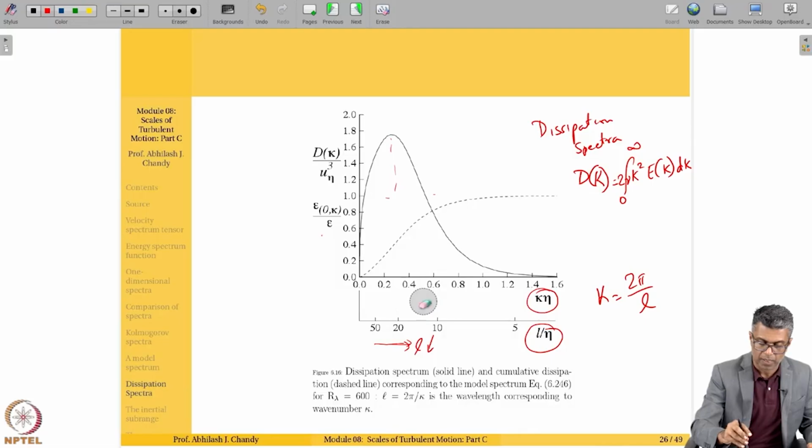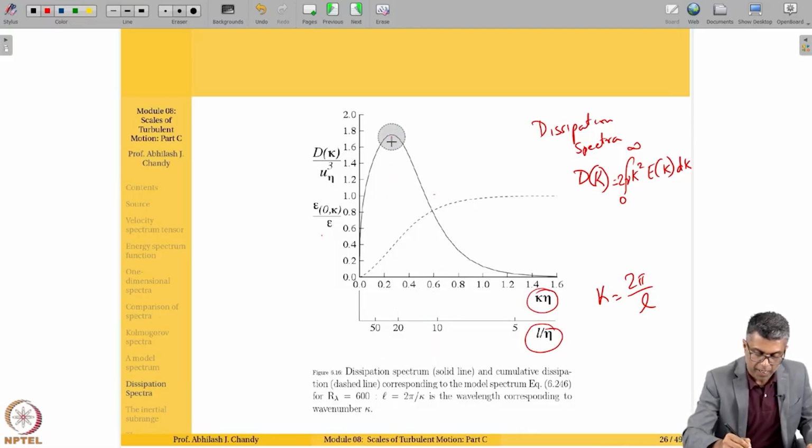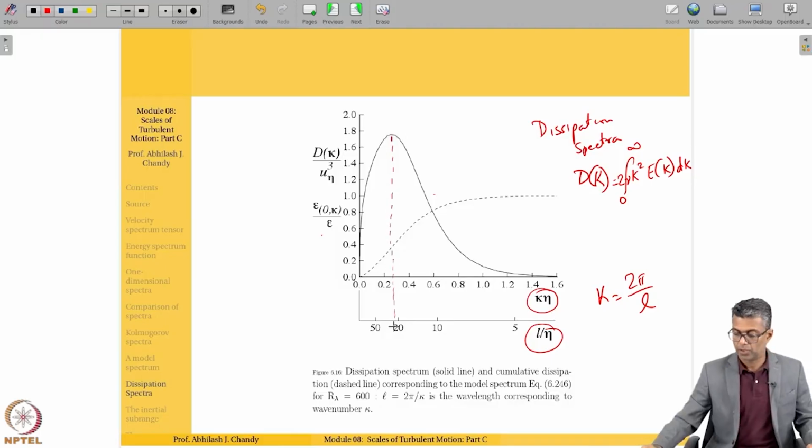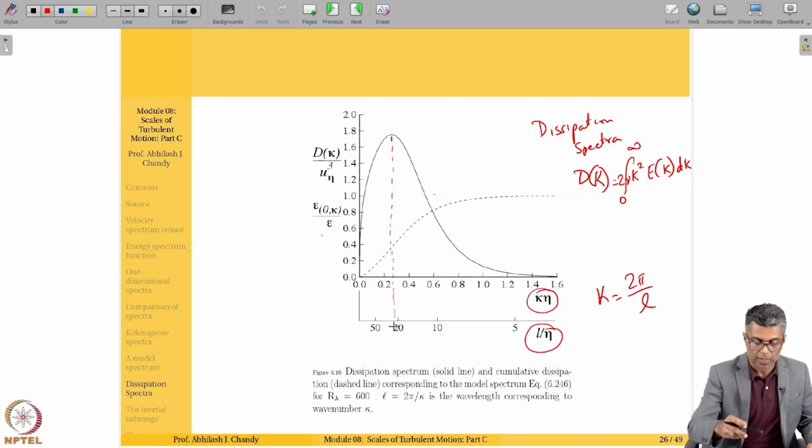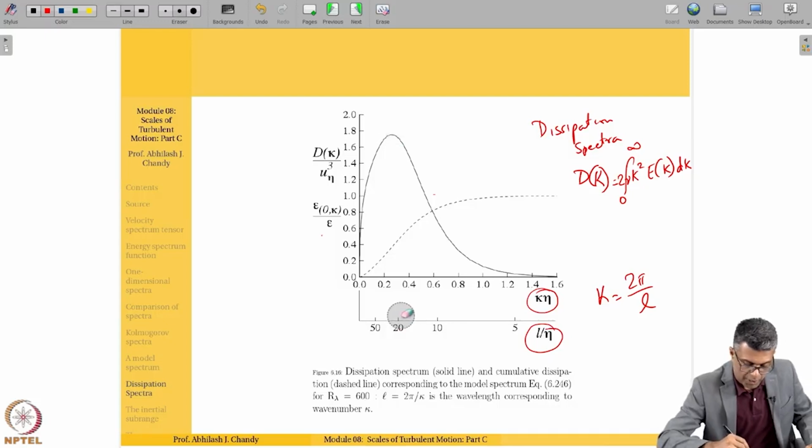Let me just erase this, start over. So the peak of the dissipation spectrum, and I want to do a dashed line here. The peak of the dissipation spectrum is at 24. So again, it would be somewhere here.